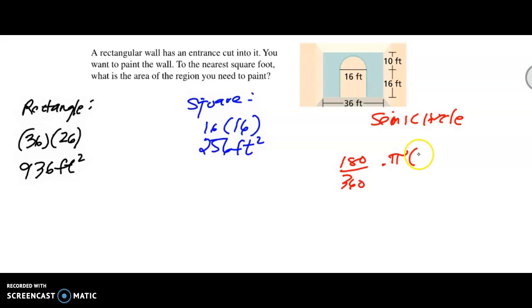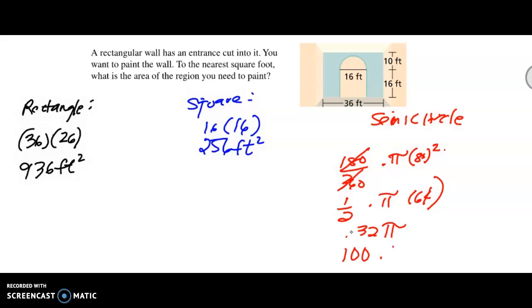The radius is half of 16, so 8 squared. So this is pretty much 64 times pi. And if you reduce this one, that's 1/2, so it's 1/2 times pi times 64. This is equivalent to 32 pi, which in decimal is equal to 100.48.